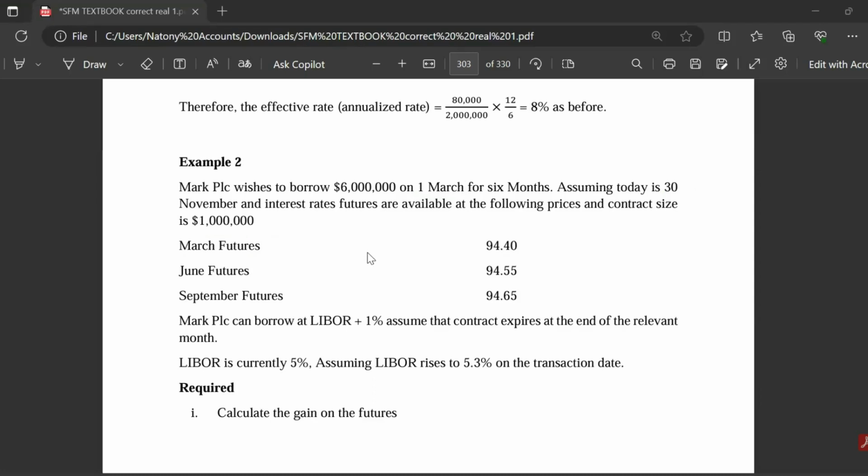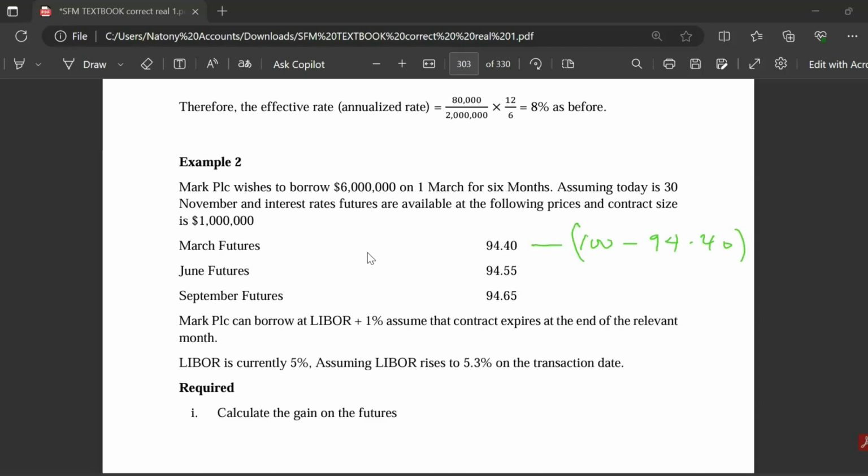So how many contracts should the company buy? But before we go to the number of contracts, your implied interest rate will be 100 minus 94.40. So this will be the implied interest rate.